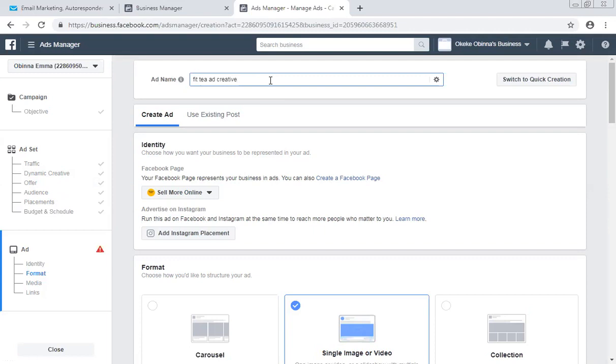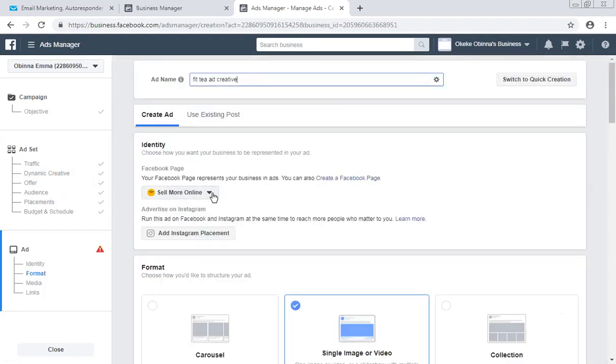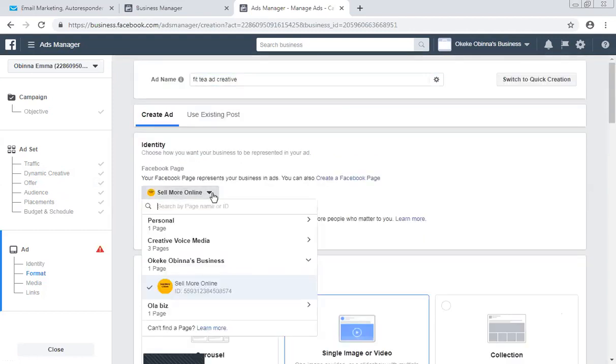All right. So this fit T ad creative, I scroll down. Here you select a page, the page you want to use. Well, I already have a page here, even though this is not for a health product. But for the sake of this video training, I can easily use it.